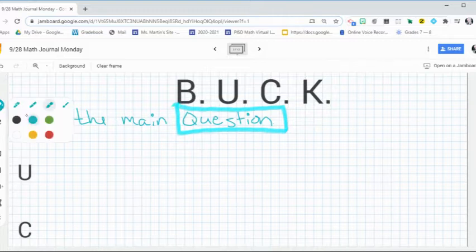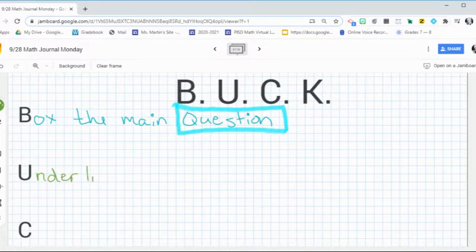That's the first thing we want to do in our problem. The second thing we're going to do is underline the important information that we need to solve the problem.